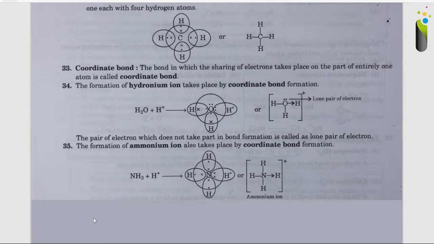The pair of electrons which does not take part in the bond formation is called a lone pair of electrons. Please keep this in mind. The formation of ammonium ion also takes place by coordinate bond formation. NH3 plus H+. This is how we get the NH4+ ion.